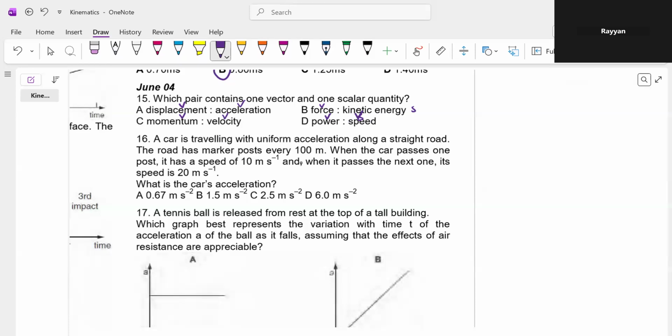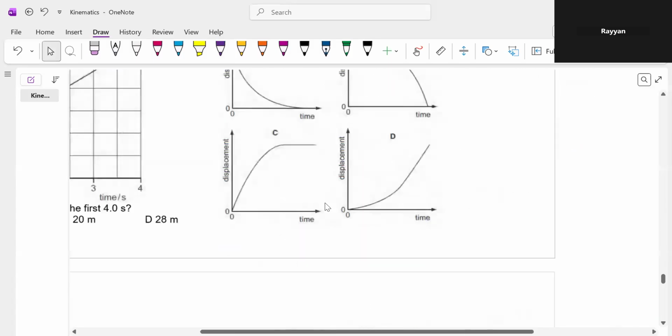I'm not saying that speed is a vector quantity. I'm just saying if we go with the formula of the displacement-time graph, then speed can be velocity when you have direction, when you have displacement. So in this case, B can be the option. We can check the answer as well. I hope so.